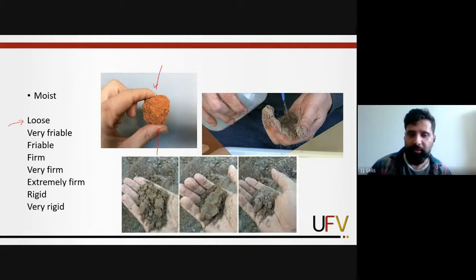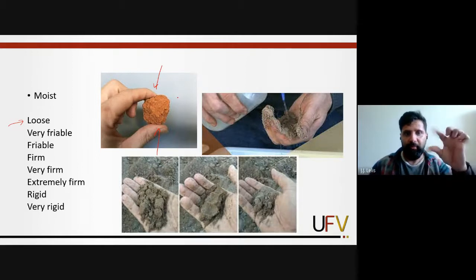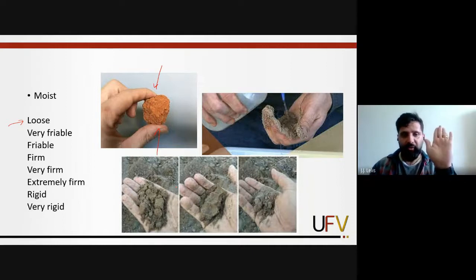So all that material that was broken using my two fingers, I will put in my hand, and now I will pressure this material with my hand. Okay, if I pressure this material and it doesn't get together, they are just loosey, so I will choose a loosey consistency.